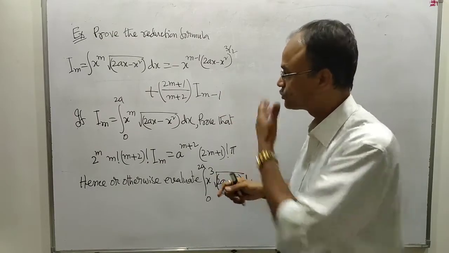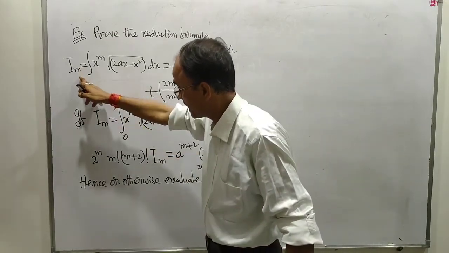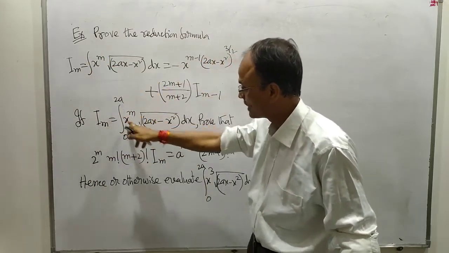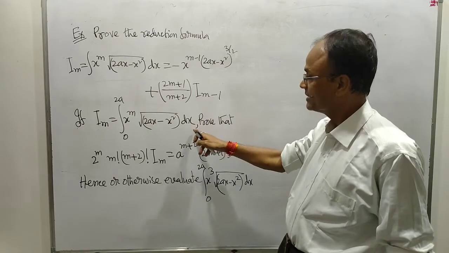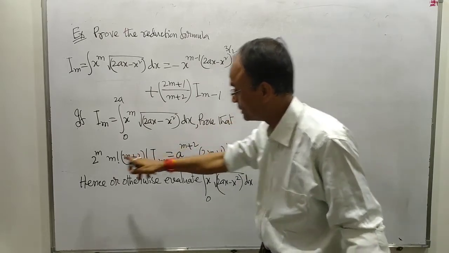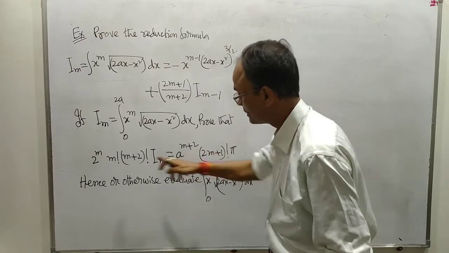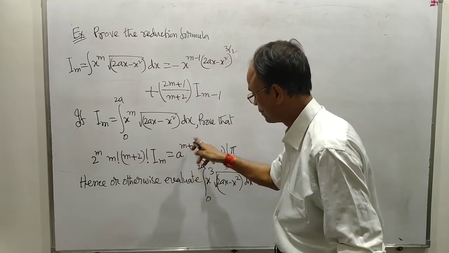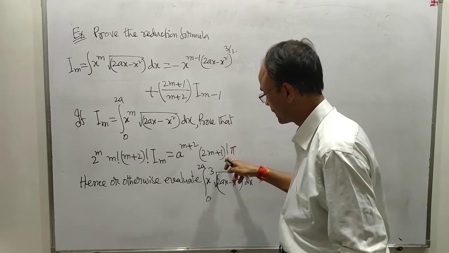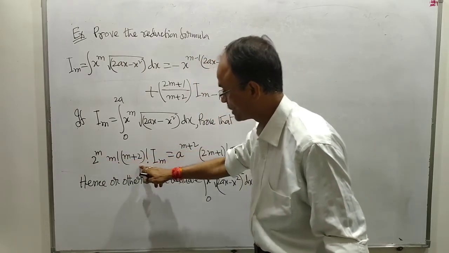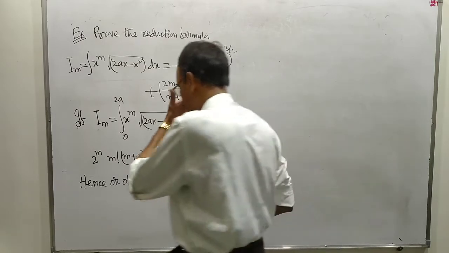The second part is also there. If I_m is equal to the integration 0 to twice a, then we have to prove that I_m will be equal to a to the power m plus 2 twice m plus 1 factorial pi divided by 2 to the power m factorial m plus 2.